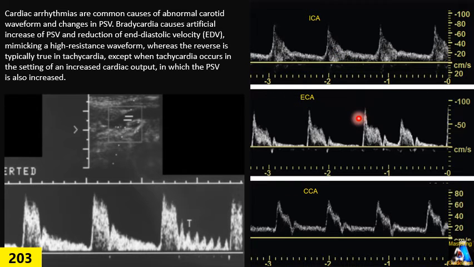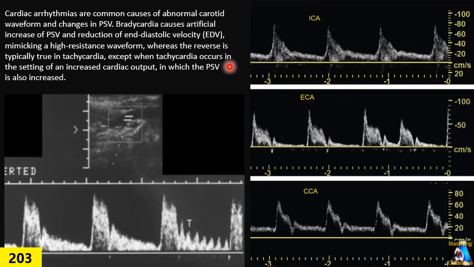In those cases where we are not sure, even with all those criteria like the branches in ECA, the orientation and location of ICA and ECA, and what windows we use to find each of them, in those situations we can use the temporal tap for that purpose.